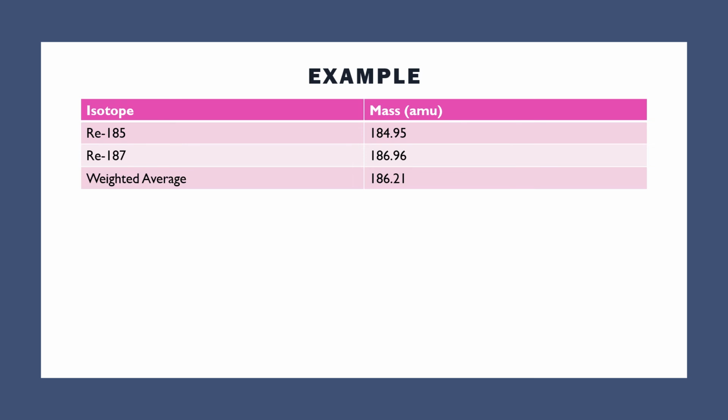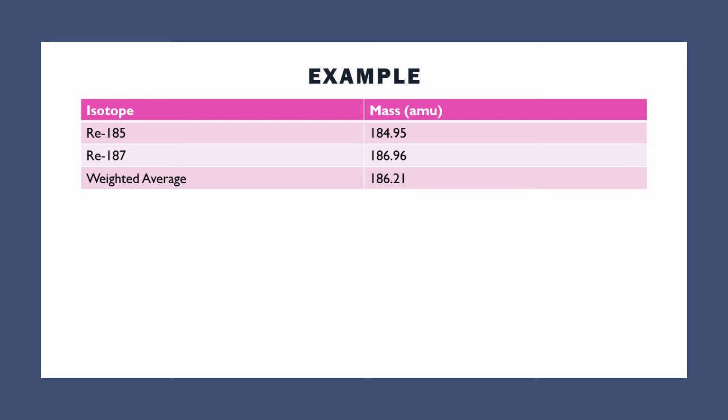Okay, so the last example shows us if they ask you to work backwards. So sometimes they could give you the overall weighted average, or you could look on the periodic table to find the weighted average. And they could give you what isotopes are present and ask you to find the percentages or the abundances of those elements.